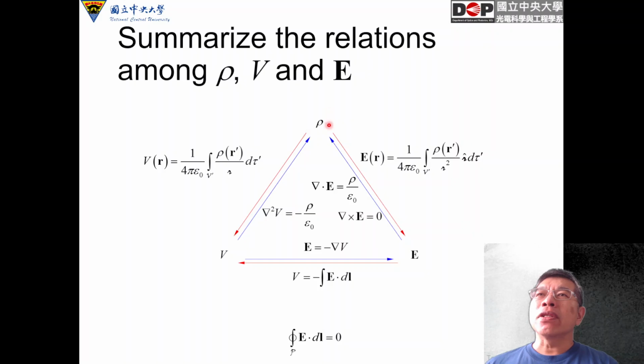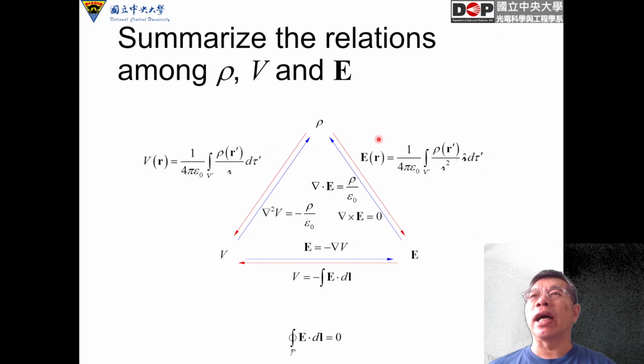Also with charge, we can obtain the potential. The potential is a scalar, so it's easier. The form is almost identical to Coulomb's law, except the denominator is just the funny r, and there's no vector to deal with. So it's much easier to deal with compared with the electric field.